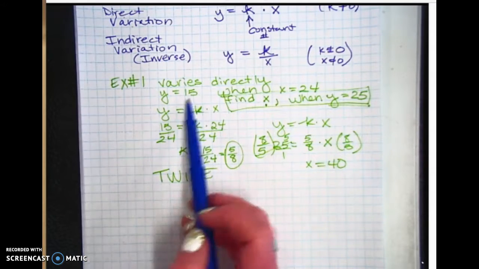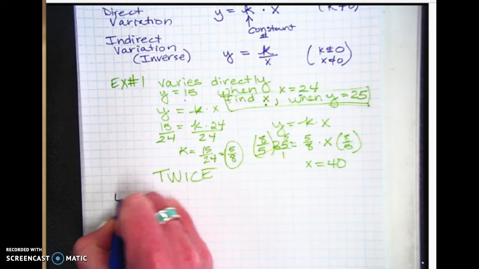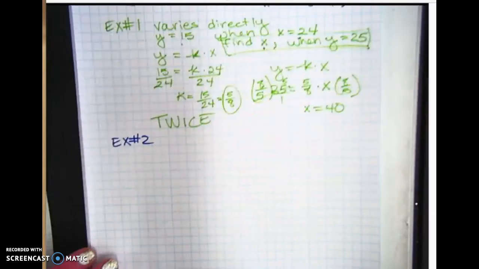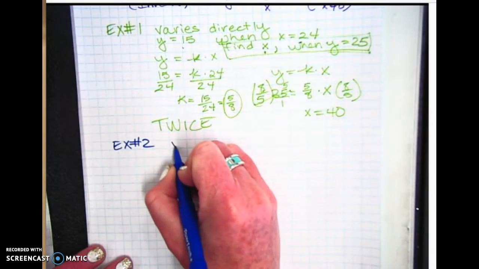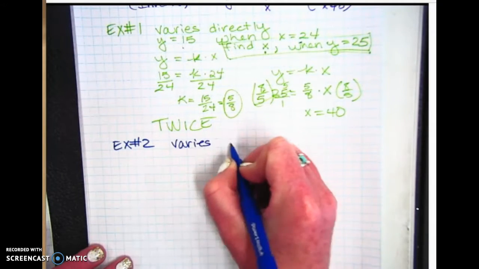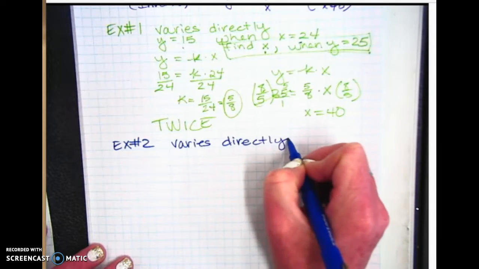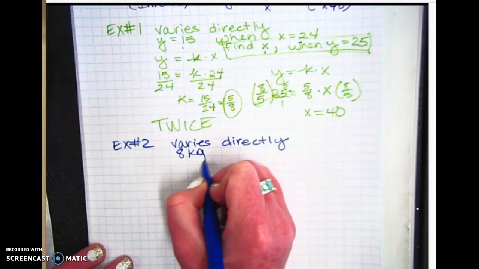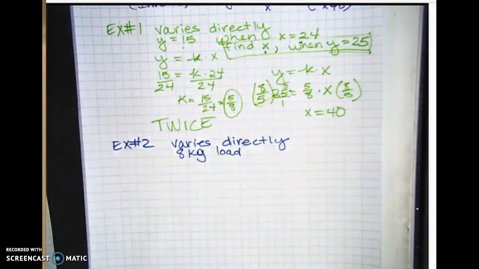All right. So this one's kind of easy. They give you the variables, you plug them in. The second kind you're going to see, they're not going to tell you this variable's this and this variable's this. Instead, they're going to tell you that it varies directly, but then they're going to say something like it has an 8 kilogram load, and it's going to talk about this spring or something.